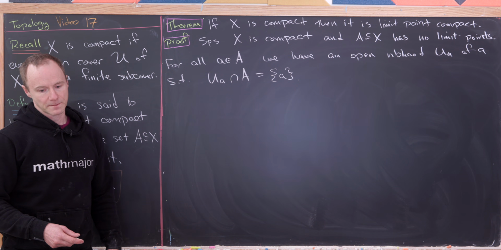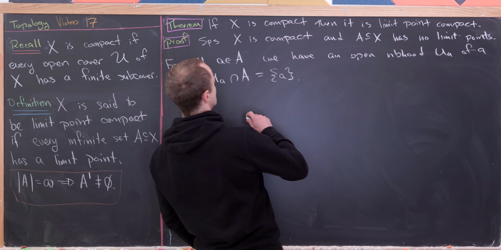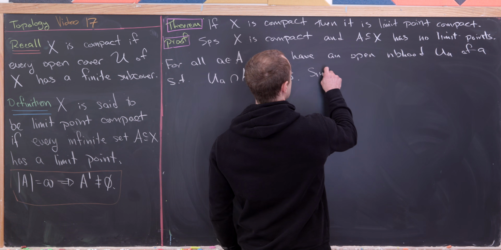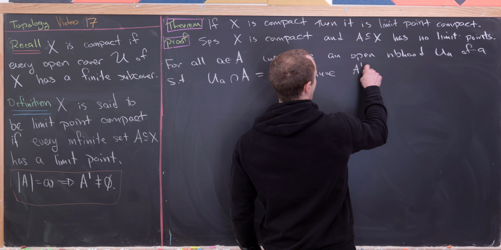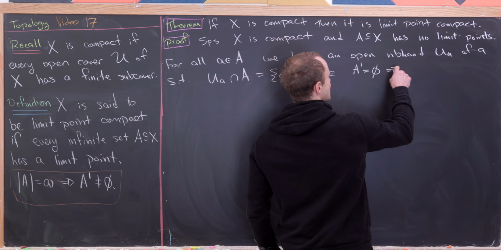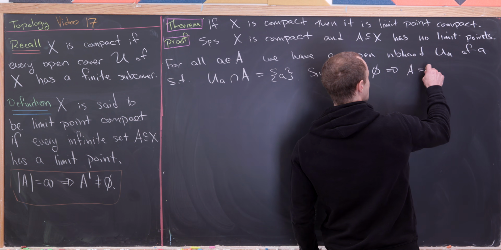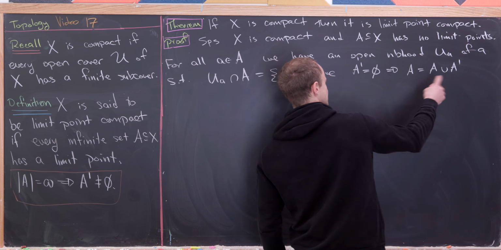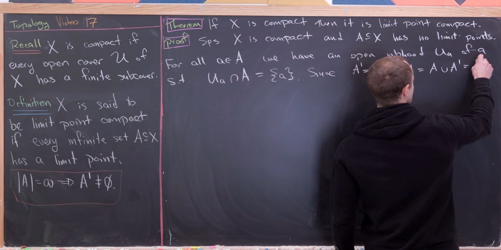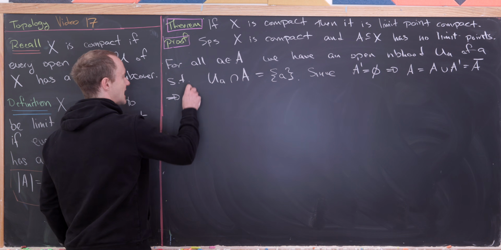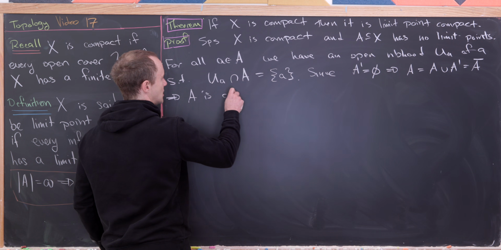Okay, cool. So now let's also note the following. Since A prime is empty, because we're assuming it has no limit points, that means that A is equal to A union A prime, because that's just A union the empty set, which is the closure of A. So that tells us that A is closed.